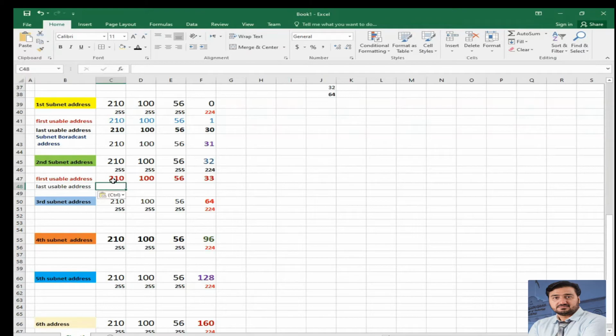Yes, Hoor Abdullah, can you hear me? What is the last usable address of this second subnet? See, last usable address, I always told you minus 2 from the third subnet.